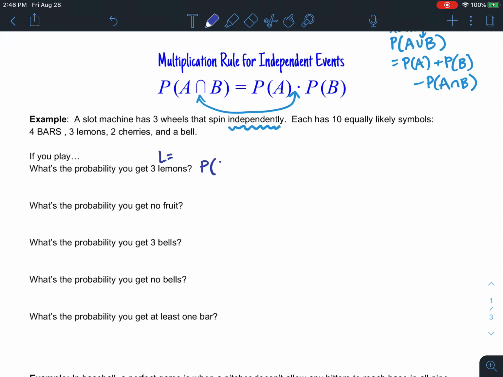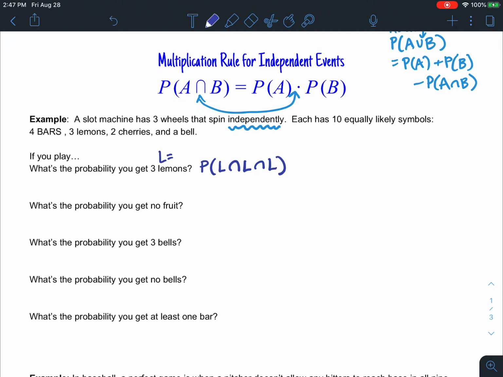So what's the probability that I get a lemon, and then another lemon, and then another lemon? See, I'm using that and symbol here. So again, I know I only had 2 events, A and B up here, but look, I can have 3 events. It could be 5 events. As you see in a second, it could be 99 events. So that's why I don't want you to lean on that formula too hard.